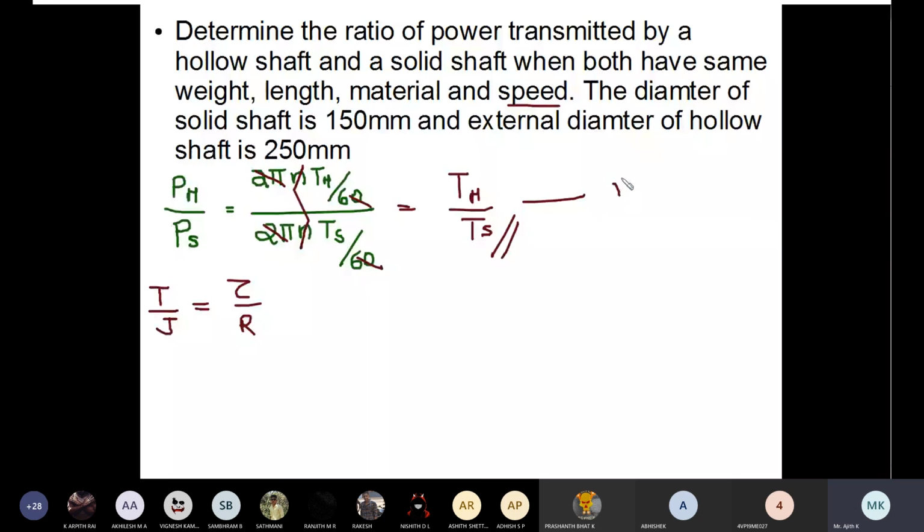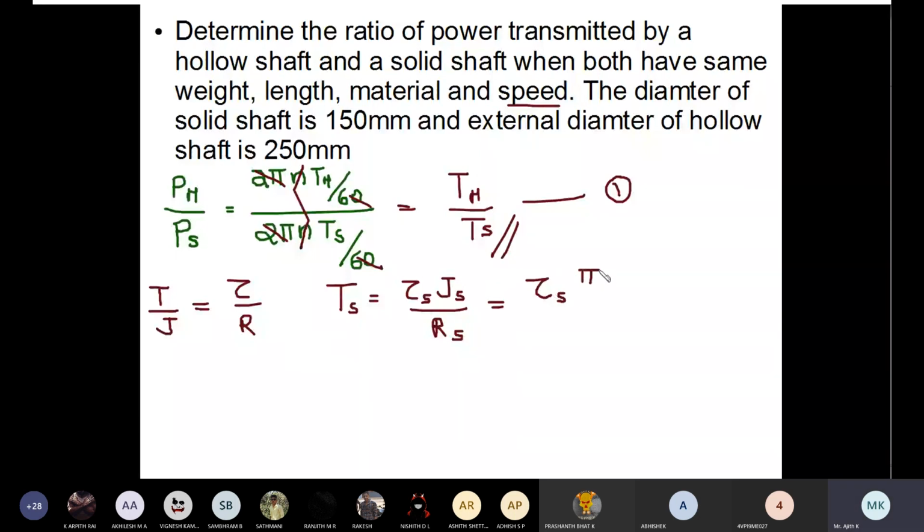So first let me calculate what T is for the solid shaft. Ts is given by, rearranging the terms of the torsional equation, tau s Js divided by Rs. Substitute for T, J and R. So tau s is the shear stress for the solid shaft.